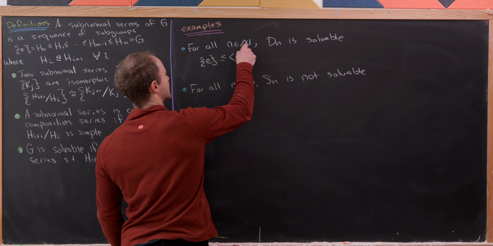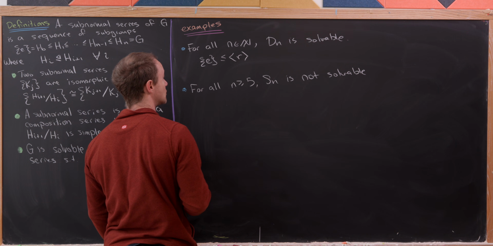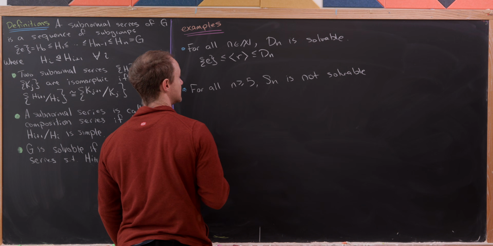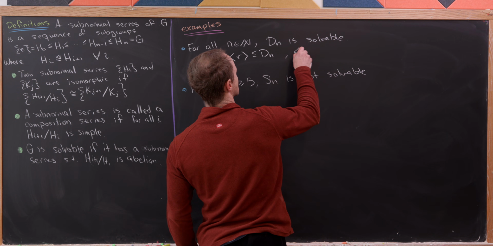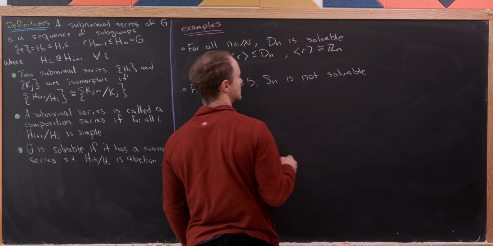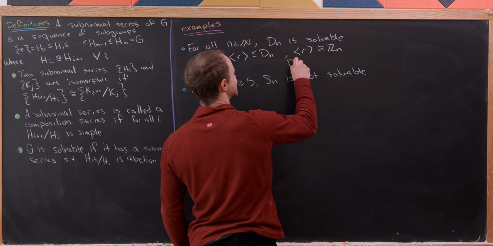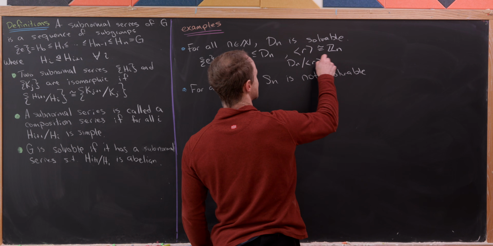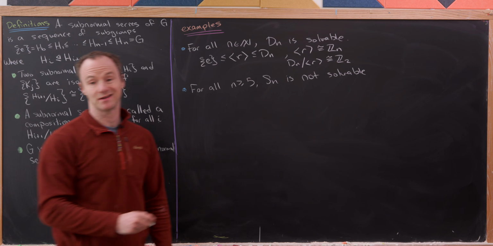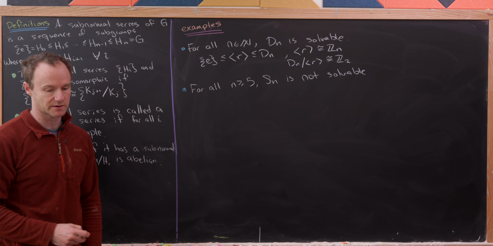We're going to take the subgroup generated by a single rotation, and that's just inside of D_n. The subgroup generated by the single rotation is Z_n, which is abelian, and then it's index 2 in D_n, which means the quotient group is Z_2, which is also abelian. And that's really all we need to do here.